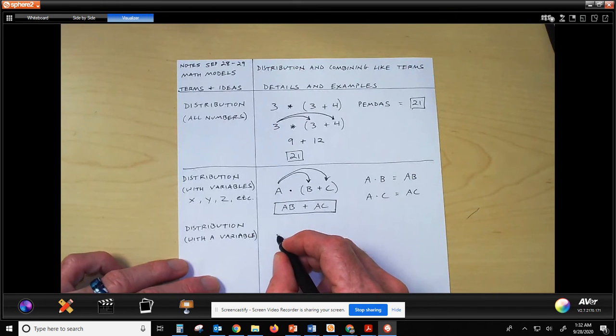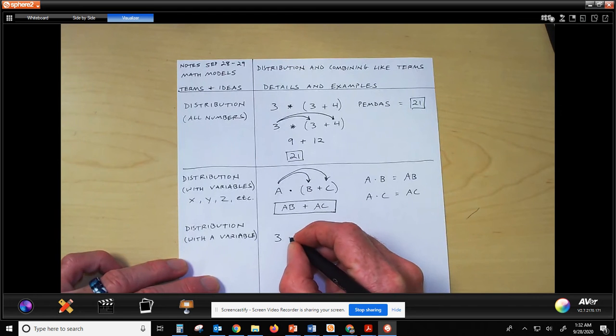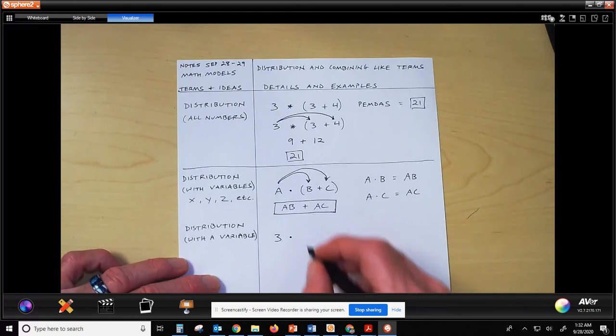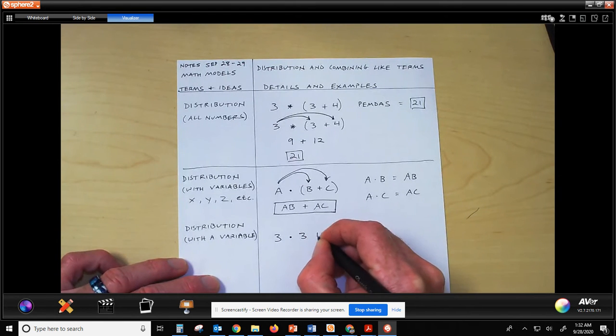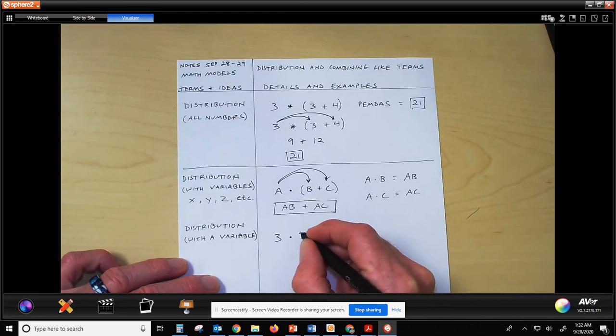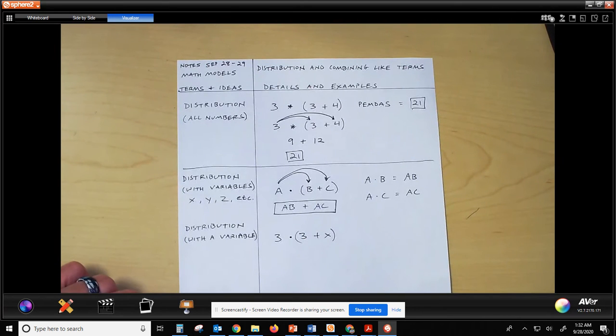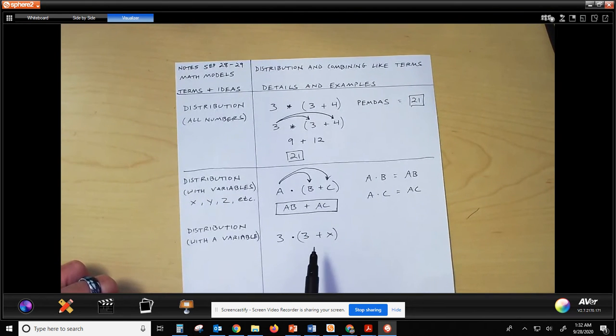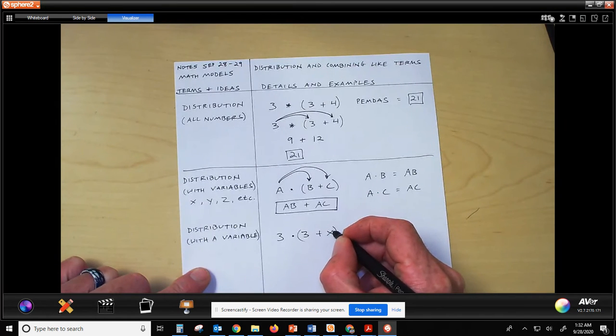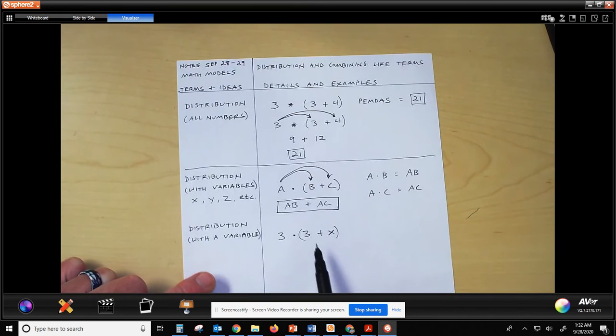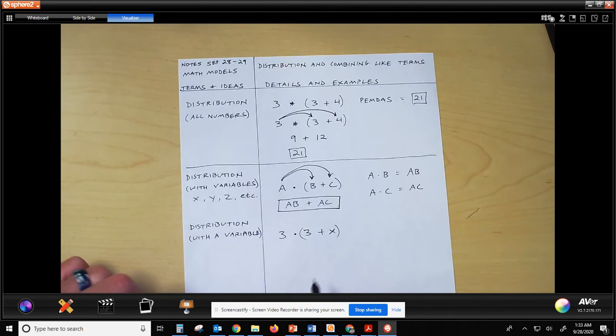So now I'm going to write 3, let's use a dot this time, 3 plus x. Now, PEMDAS gets me in trouble. I cannot combine these two. If I have a number, or what they call a constant, and a letter, this is as simple as I can get. I can't squash them together.